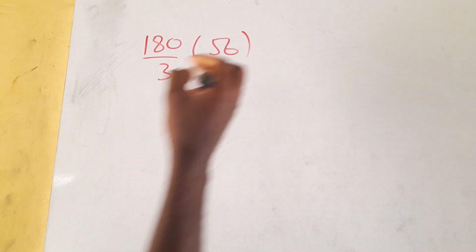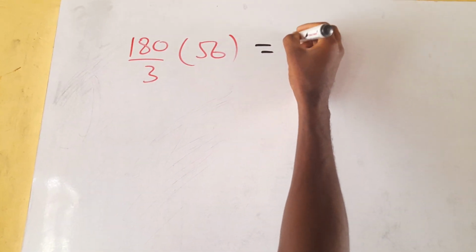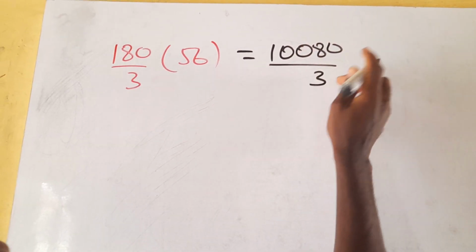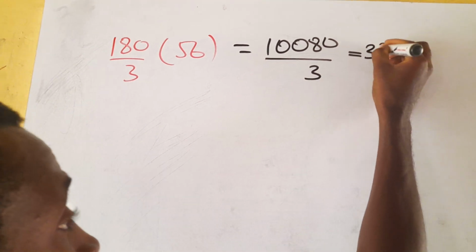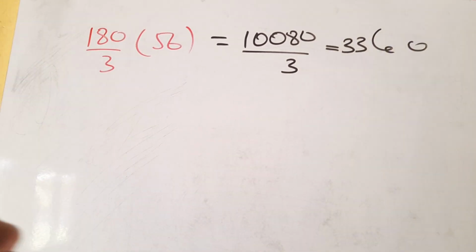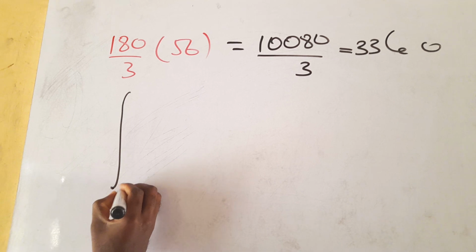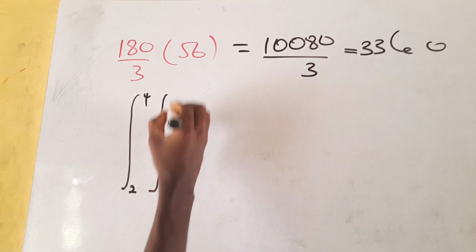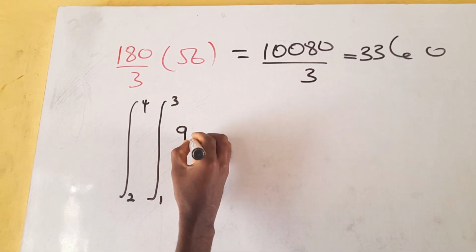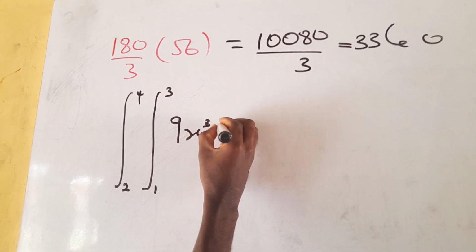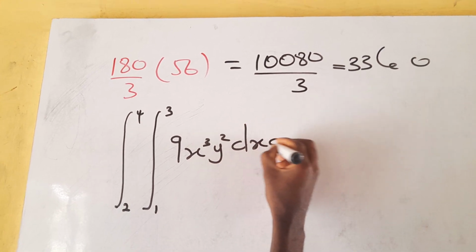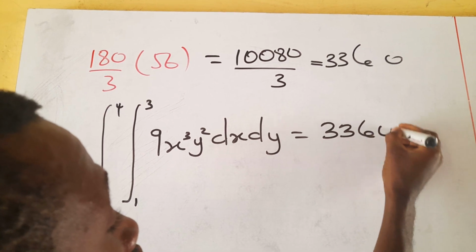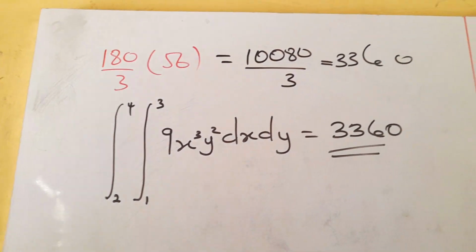So 180 times 56 will give us 10080 all over 3. So this divided by 3 is actually 3360. Then we can say the integral from 2 to 4 and the integral from 1 to 3 of the function 9x cubed y squared dx dy is actually equal to 3360. I hope you understand that.